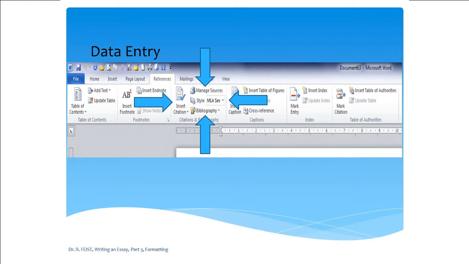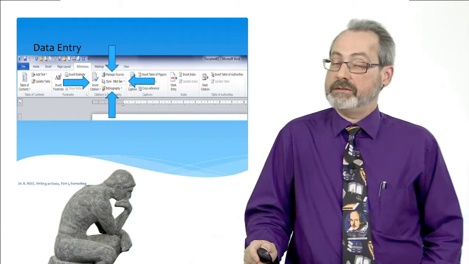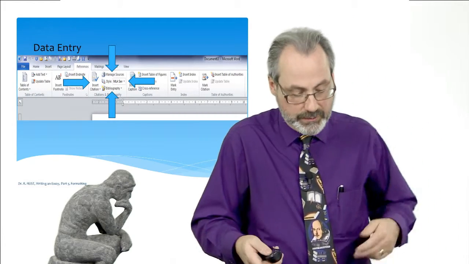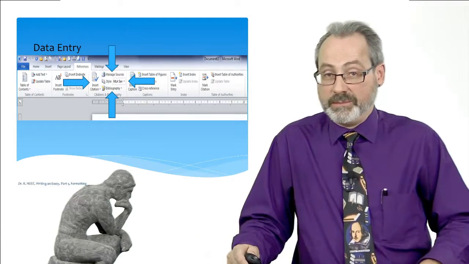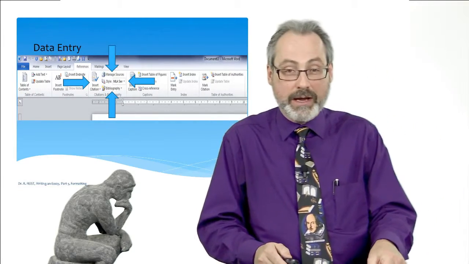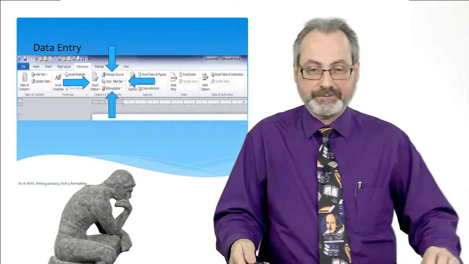You click on that button, and Word will insert your bibliography for you. So get familiar with those four buttons. Once you do, you'll find it makes your life a lot easier when it comes to MLA formatting. If you're with me to this point, you're well on your way to learning how to do all of this.